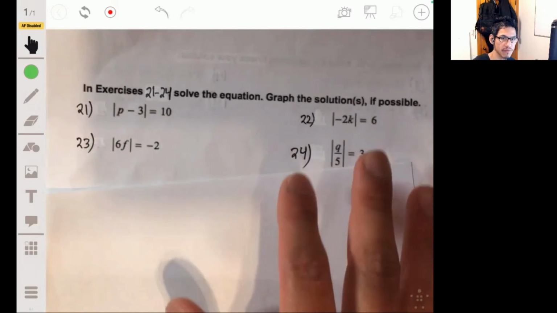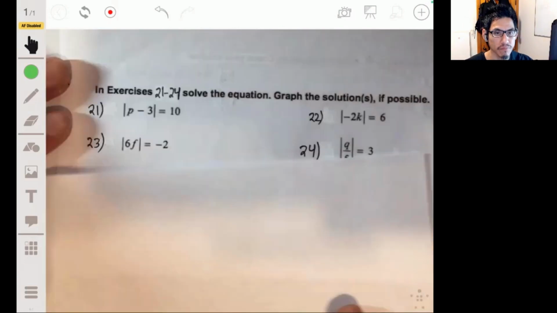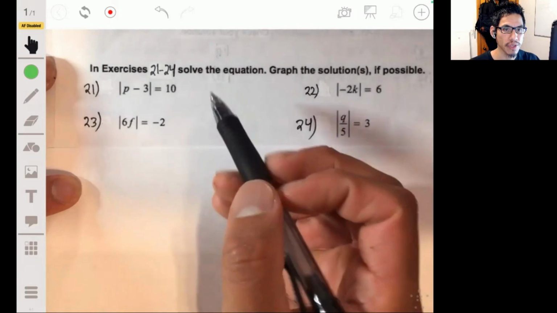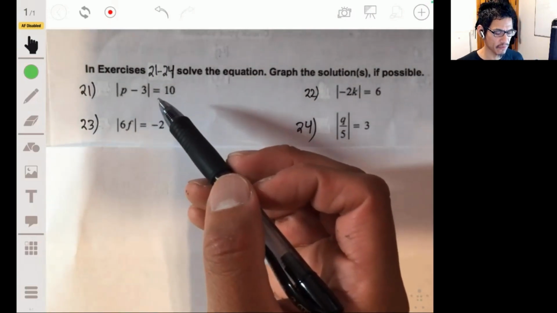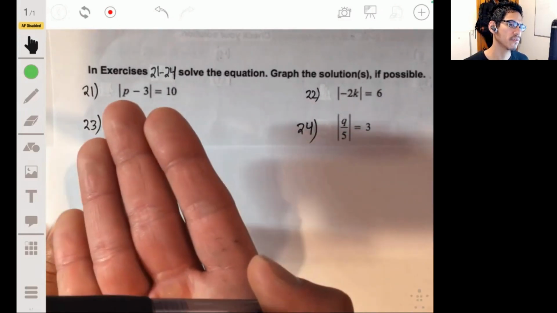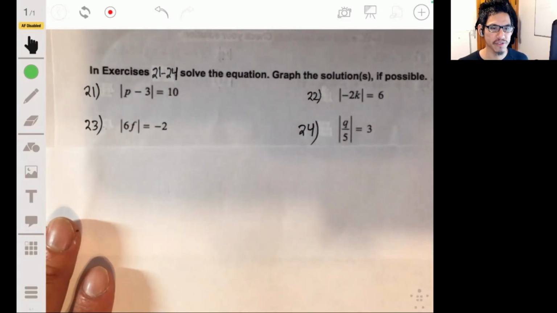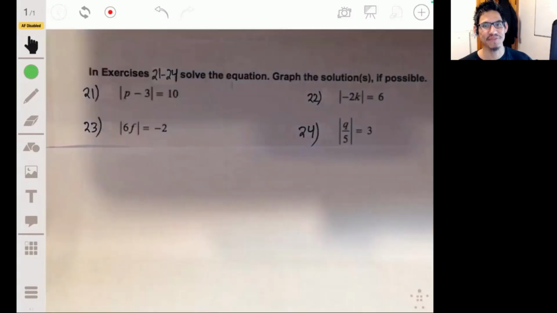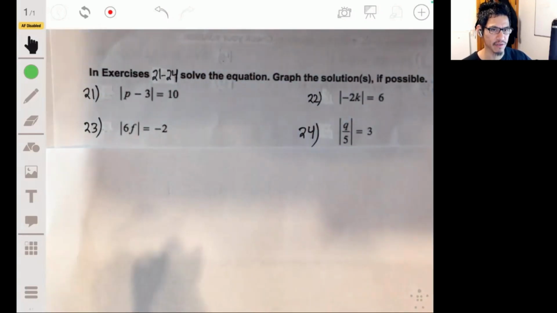So here we're going to solve these equations with these absolute value symbols. What does that mean? Well, when you have these absolute value symbols, think of your solutions as values that are the same distance from something else.